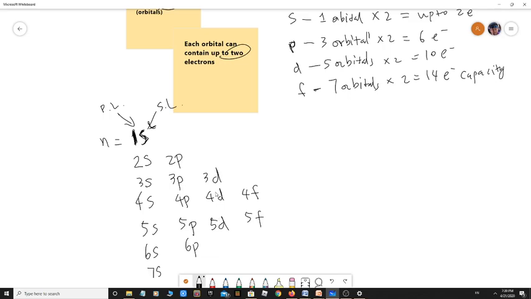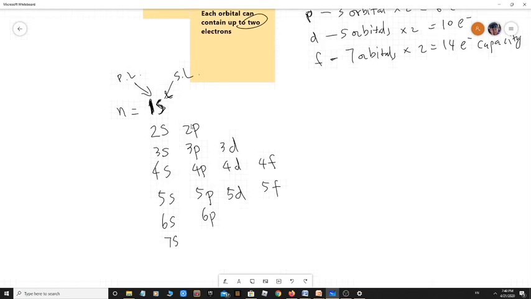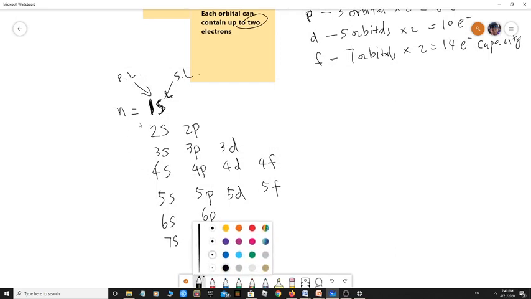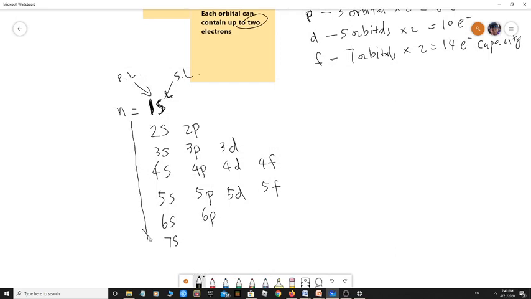So when you look at this, this is basically a complete map for all of the atoms, starting from 1s, 2s, 2p, 3s, 3p. Keep in mind a couple of things here. When the n number goes higher and higher, the energy goes higher.